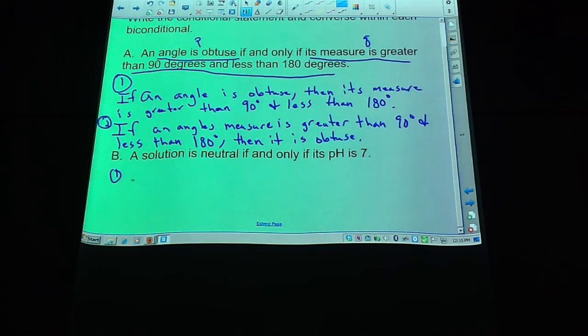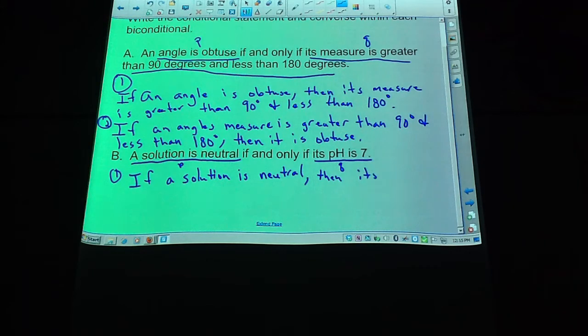The conditional statement is if a solution is neutral, so now this is going to be my P, and my Q is its pH is 7. So if a solution is neutral, then its pH is 7. That would be my conditional.